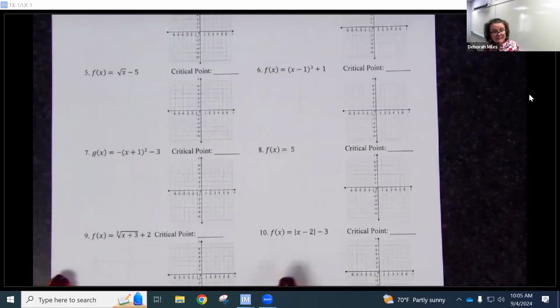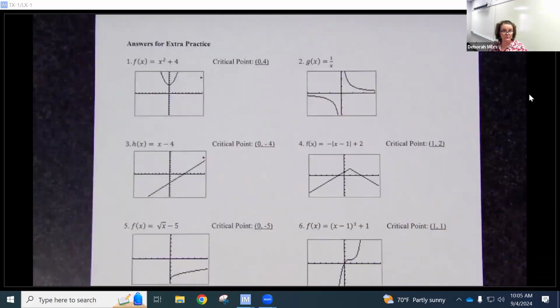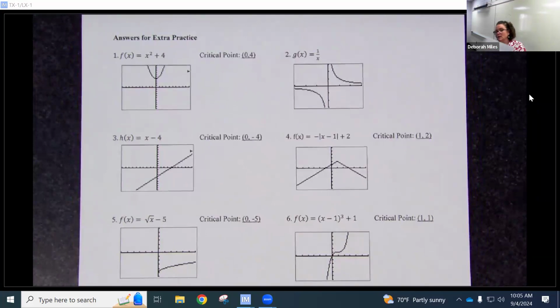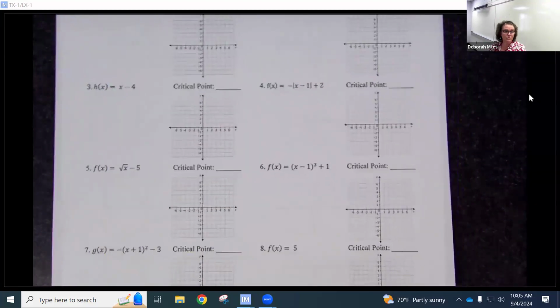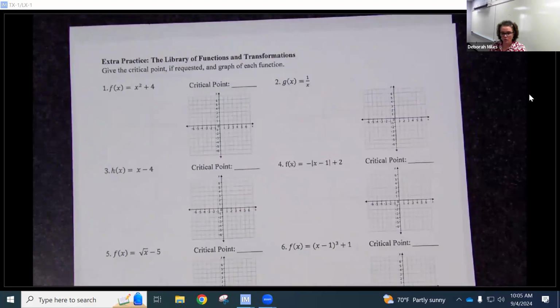It also has 10 problems. They're different than the 10 that we just did. And I gave you the answers for those. So in addition to doing the homework, I would definitely do these 10 extra problems. And probably before the test, I'd do them again, just to make sure that I had the basic shapes and knew how to find the critical points.